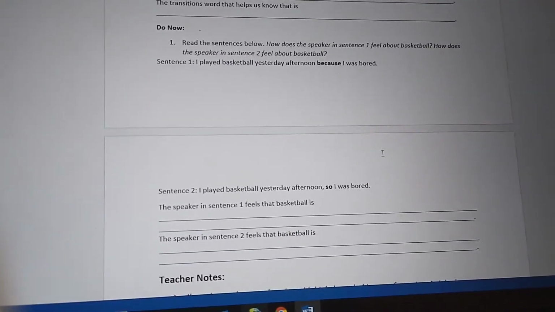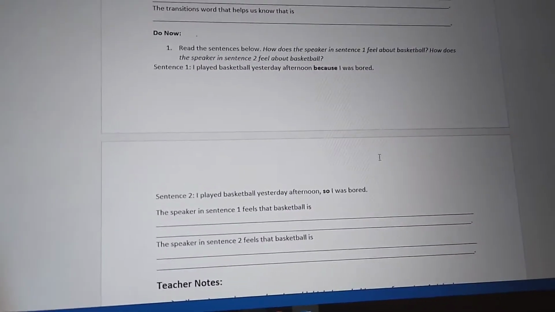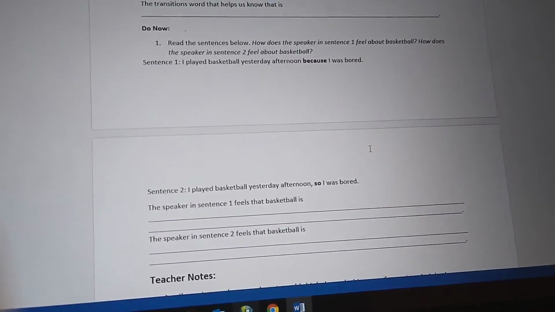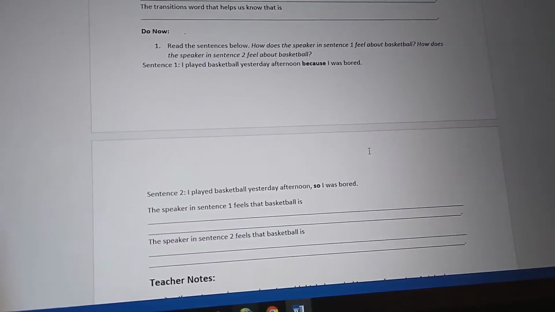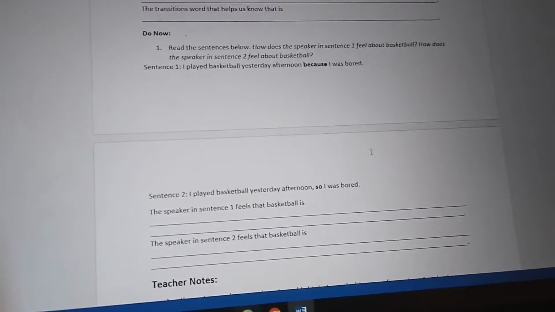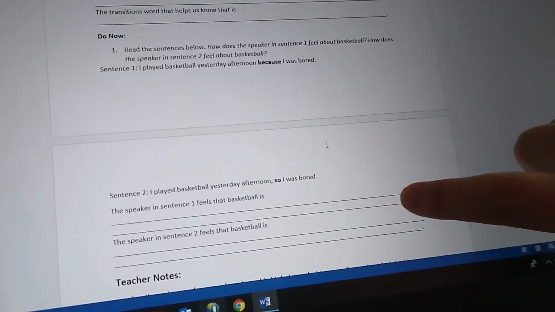So if we look back at sentence 1, how is that speaker feeling about basketball? So this speaker is saying that he played basketball yesterday because he was bored. So if he was bored and he decided to play basketball, how would he feel about basketball? Write that in this blank right here.